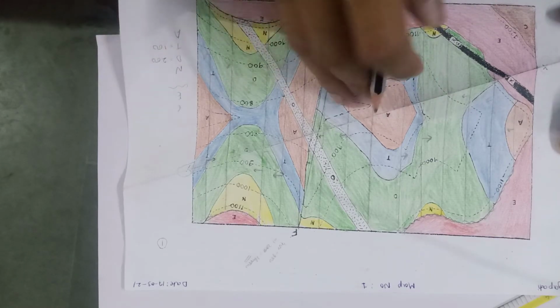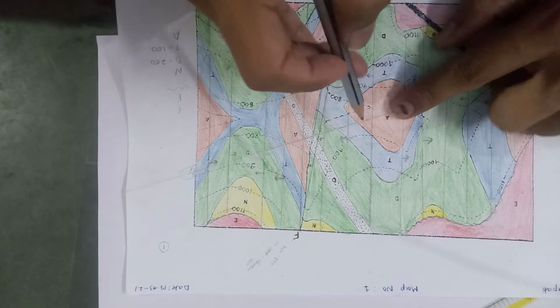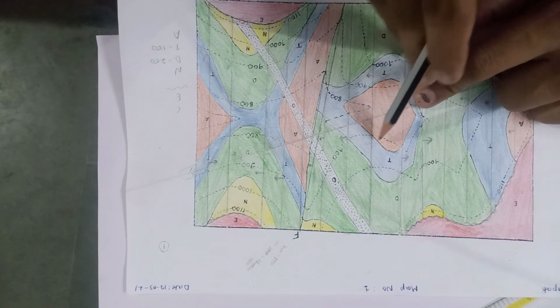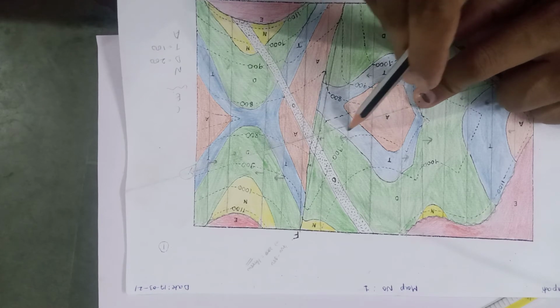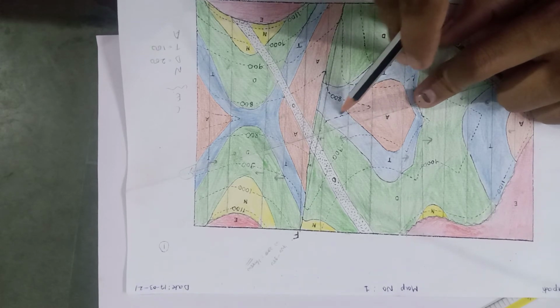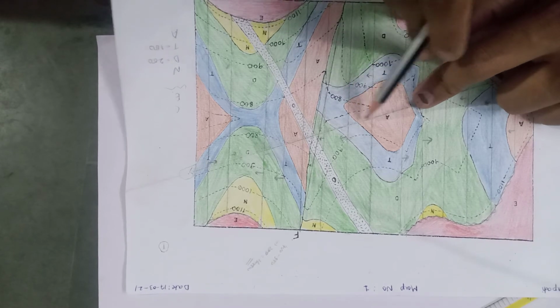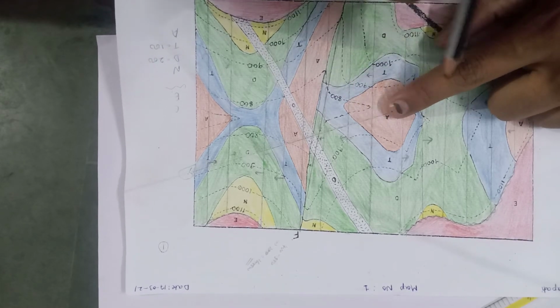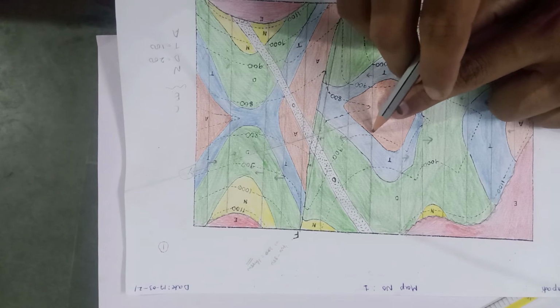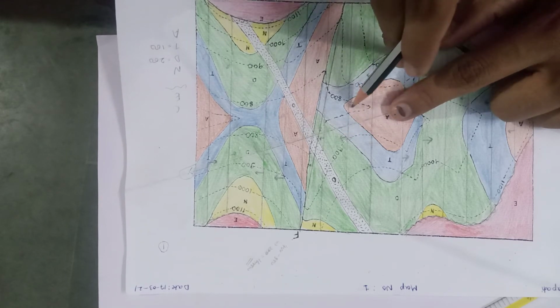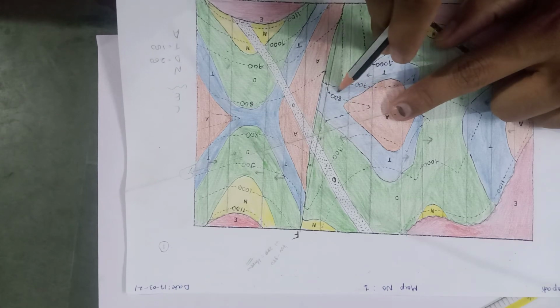So here see, this is a strike line and this is a strike line. This strike line is cutting the AT contact here also, and another strike line is also cutting A and T at another contour value. So what would be the value of this strike line? That would be 900, and the value of the strike line of this will be 800.